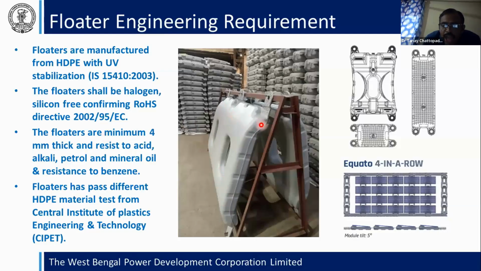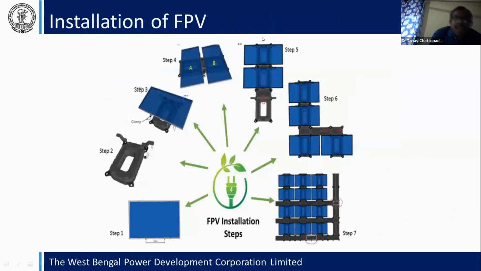So this is a high quality plastic body, and after cascading we can make the rows. Okay, and here the modules are placed at an angle of 5 degrees, and you can increase this angle. And the next section I am discussing is the main installation of floater section.